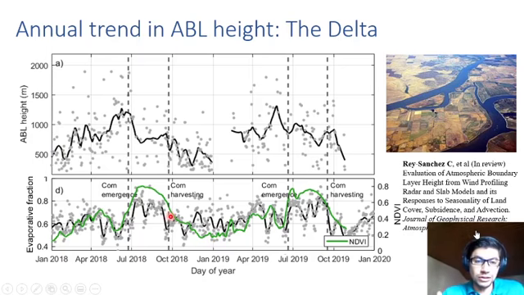And this increase is related to the timing of corn emergence and corn harvesting, where corn is the most abundant land cover in the site, and there is a very strong signal of higher latent heat fluxes throughout the site during this time. So it makes sense that maybe it is this phenology of corn that is driving the boundary layer height.